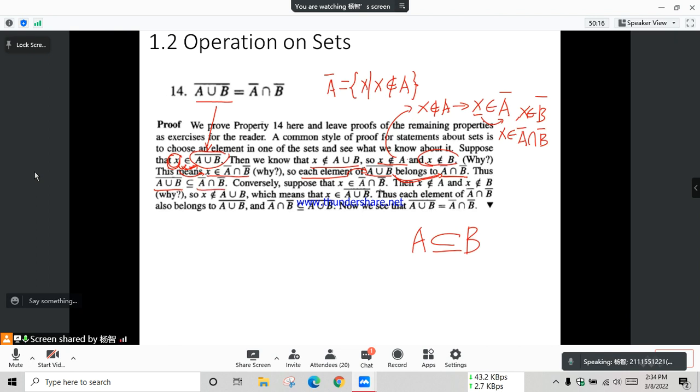Is that right? Because each element of the complement of the union of A and B belongs to the intersection of the complement of A and the complement of B. This satisfies the subset definition.